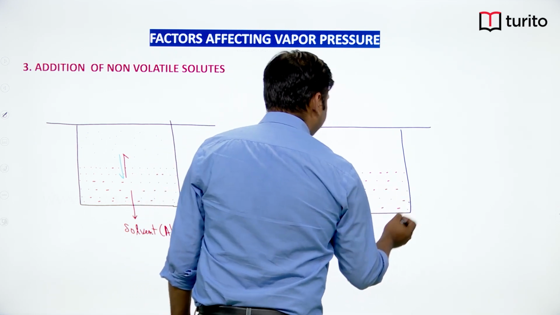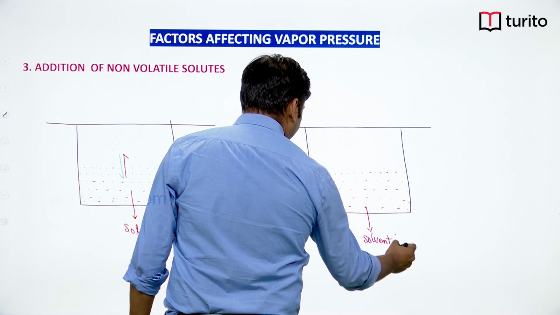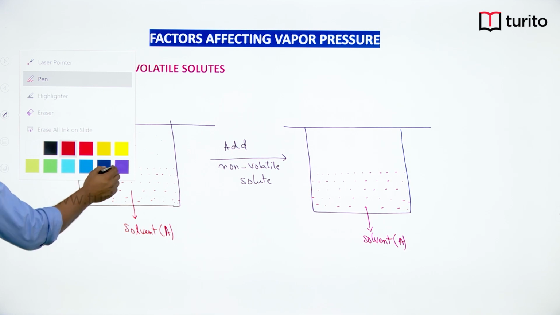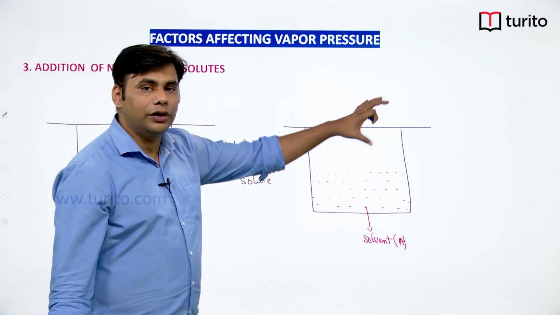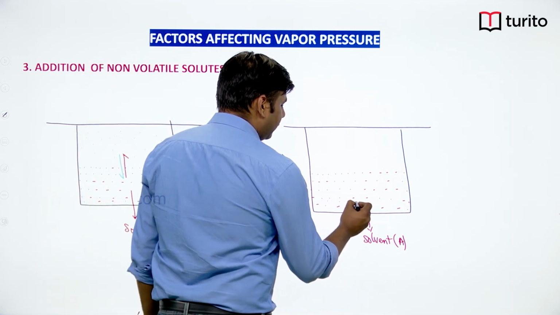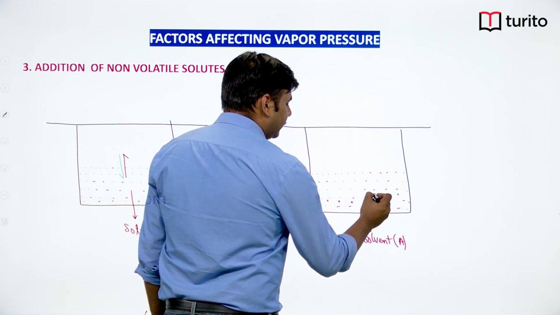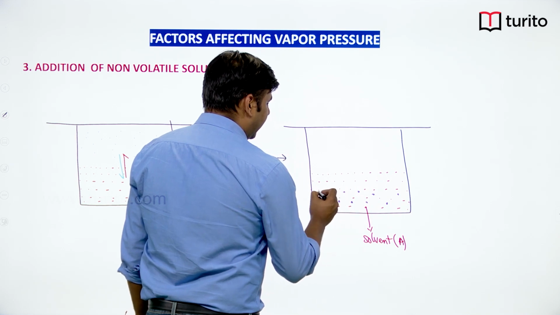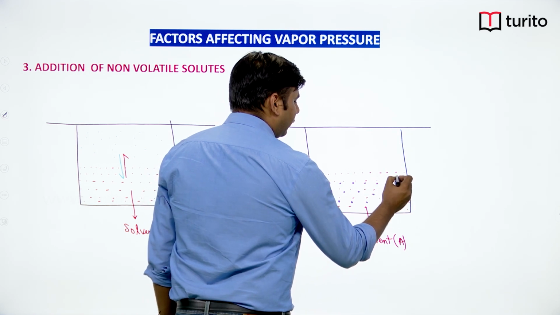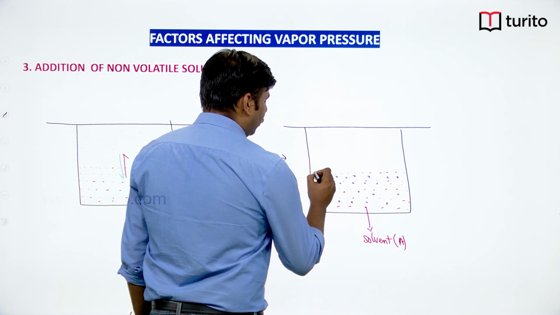The particles shown in red are our solvent. Now we have added a non-volatile solute. This non-volatile solute would distribute itself in the solvent homogeneously, when a solution is made by mixing solvent and solute. So what would happen over here is that some of the non-volatile solute, which I am showing in purple, would occupy the surface.